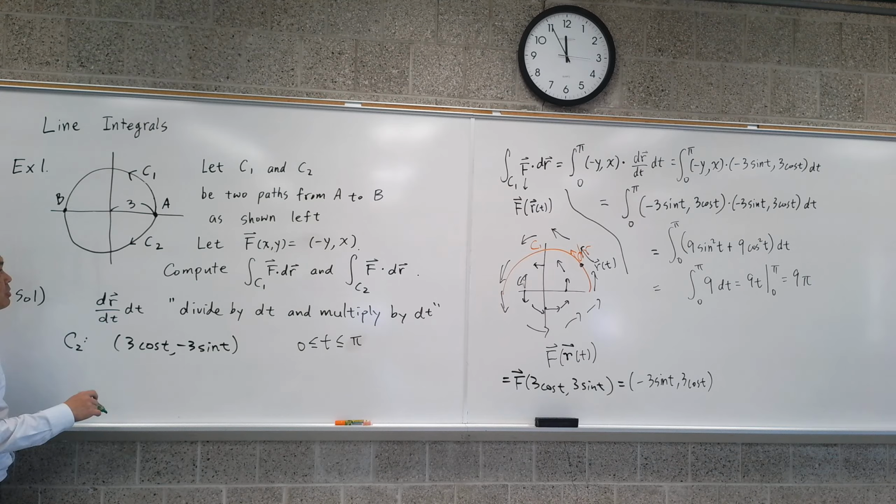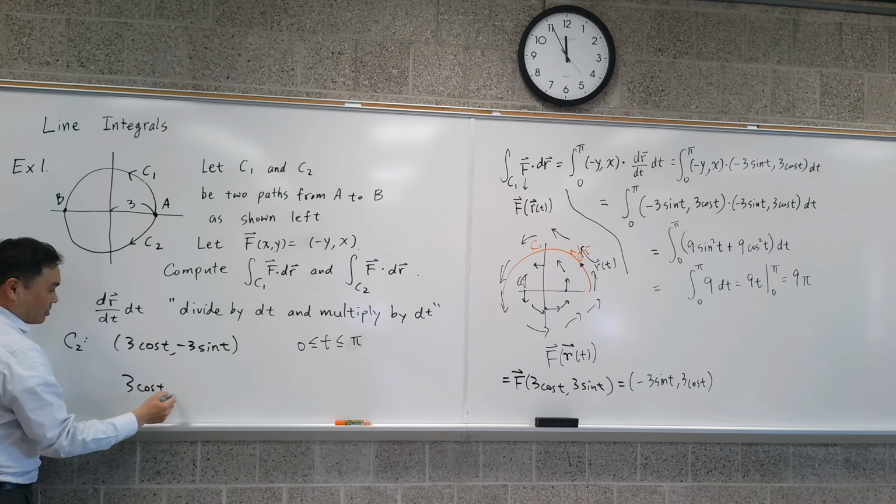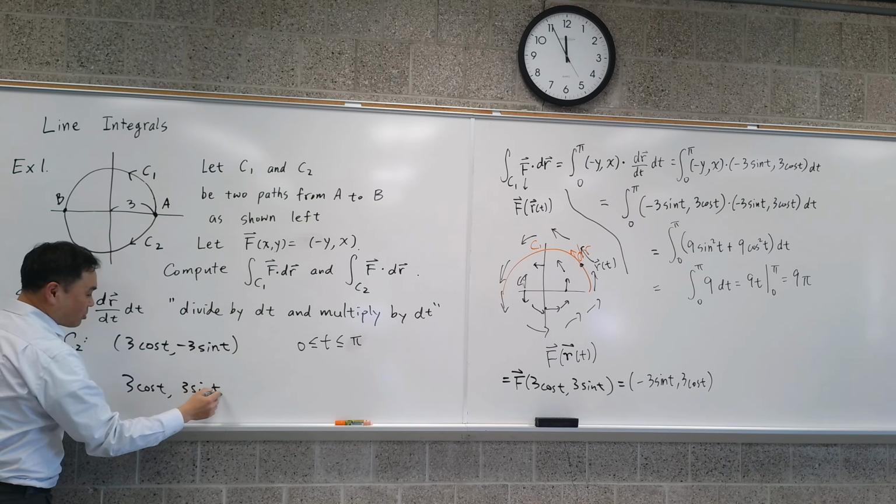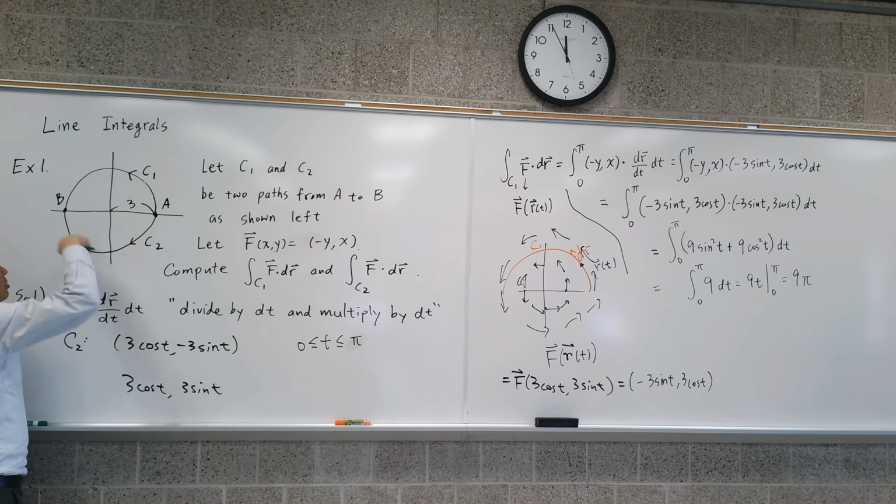Another way to do this is, 3 cosine t, 3 sine t is going to be going on this circle anyways. But if you think about it, this is the case when t is 0, and this is the case when t is negative pi, right?